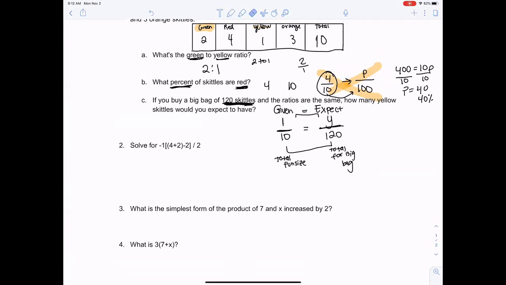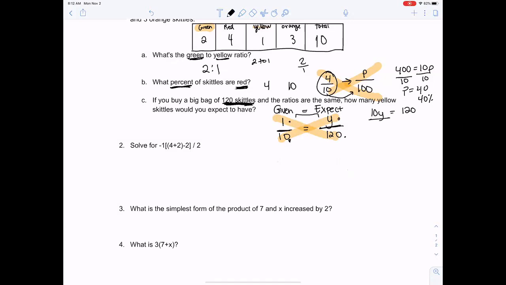So they should align. I'm going to erase that. Now, all I simply have to do is cross multiply. Oh, that was a 10. And I have 10y, that's this times this, equals 1 times 120 is 120.